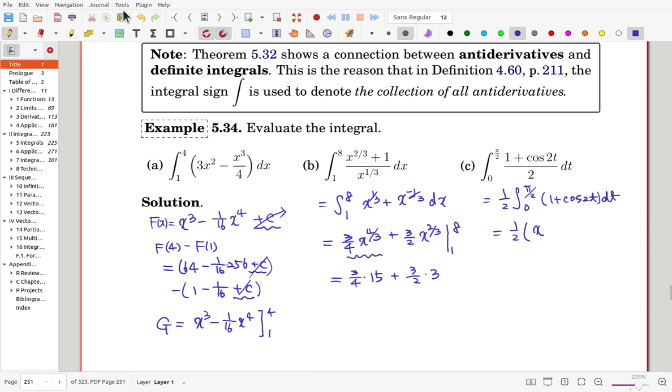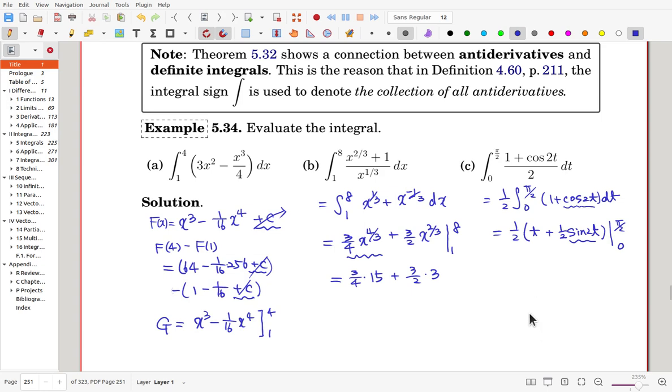We are using the variable t, so let's use t. Here that is t, plus the antiderivative of cosine, which is sine, so we put sine 2t. If you take the derivative of that, 2 will come out, so you have to put a half here. Okay, and we are evaluating from 0 to pi over 2.